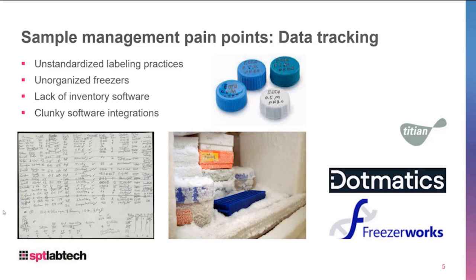And a really good step to starting this process, even before considering some software or some true inventory management, is just a standardized labeling practice, ideally a printed label, not handwritten, and then moving towards a sample registry software and inventory management software that can really drive that kind of change in your business. And I have a few software providers here.